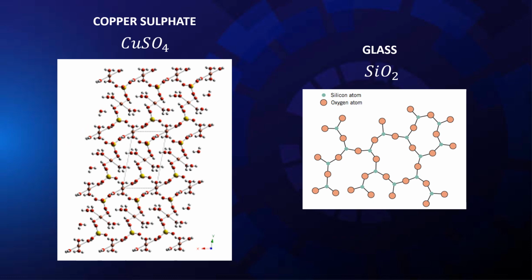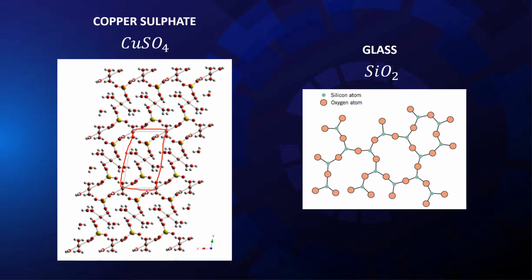Moving on to the copper sulfate structure. As you can see in this copper sulfate structure, we have a repeating pattern. Some pattern is repeating. I'll use the red one only. You can see this rhombic structure in the middle.